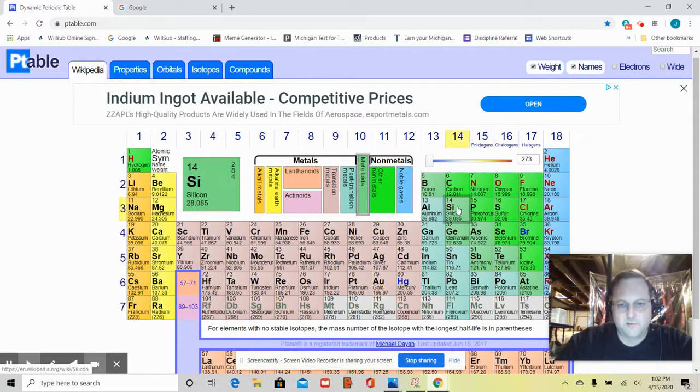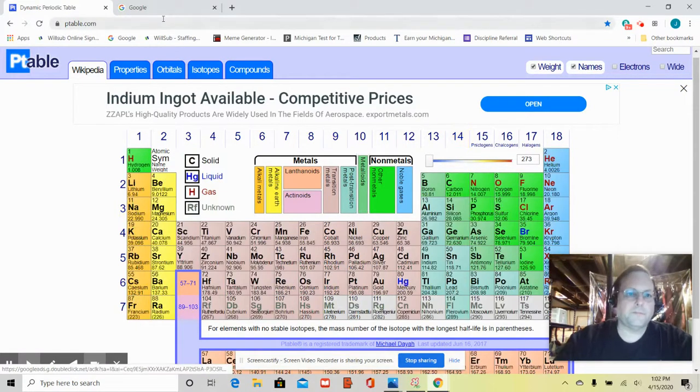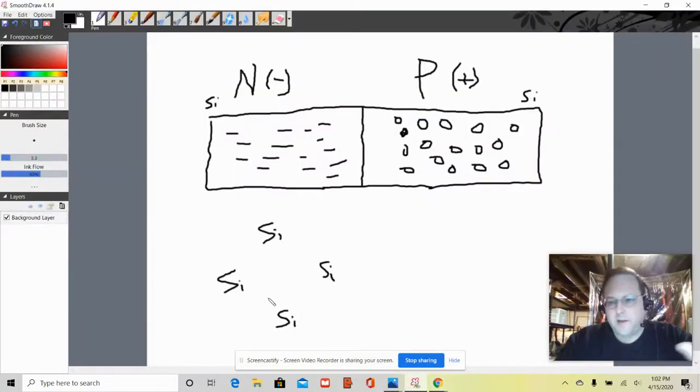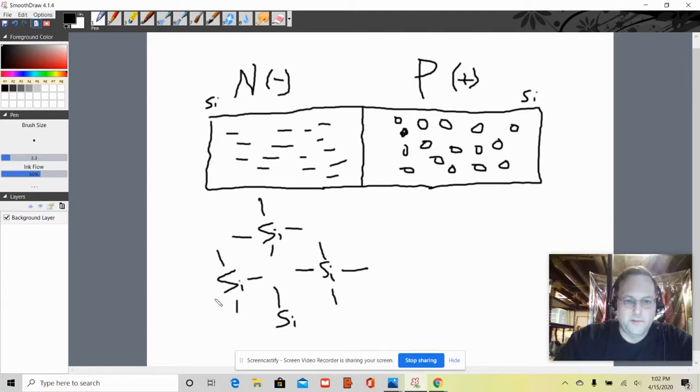It's number 14. So silicon doesn't have any extra electrons and is very stable, wants to be exactly where it is, because silicon atoms will share electrons in the lattice format and everybody will have 8 valence electrons. If there's silicon atoms all around it, they will be sharing all around it. There will be another silicon atom at the end of each of these.